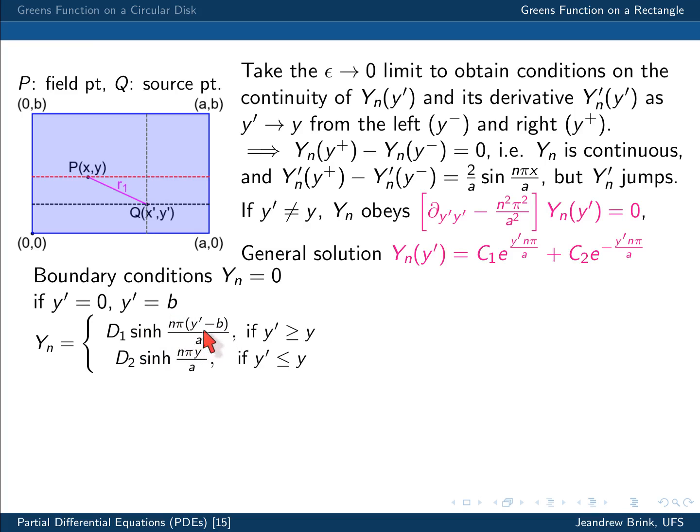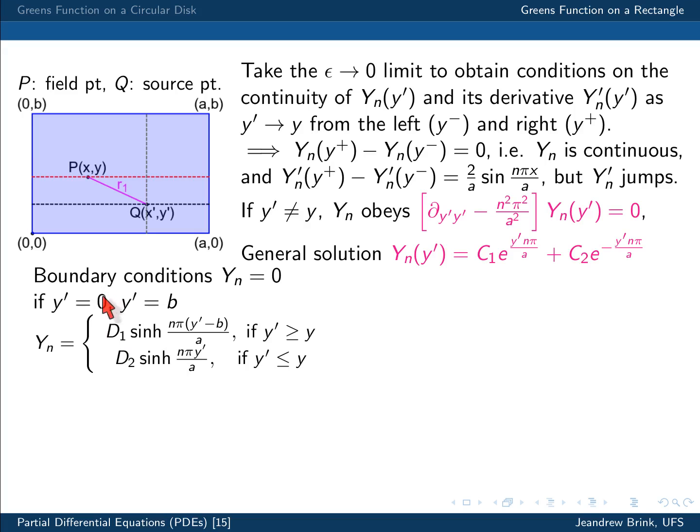In other words, when y prime is equal to b, this function is 0, so you satisfy your boundary conditions, multiplied by some constant. And you have this one, where d2 of sinh of n pi y prime over a is equal to 0 when y prime is equal to 0, in other words, down here. So this solution works in the part above the red line, and this solution holds in the part below the red line, and it satisfies the differential equation as well as the boundary conditions.